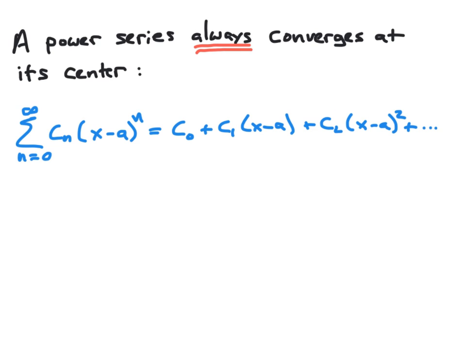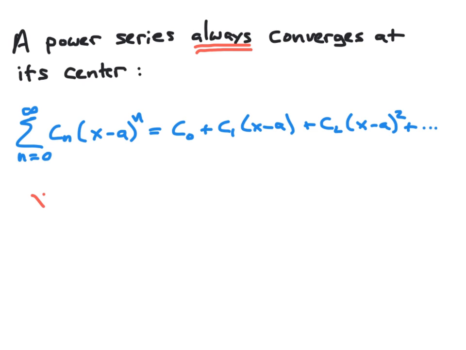One important thing to keep in mind during any calculation involving the convergence of power series is that a power series always converges at its center. Here we have a general power series centered at x equal a, the sum from n equals 0 to infinity of c sub n times x minus a to the n power.